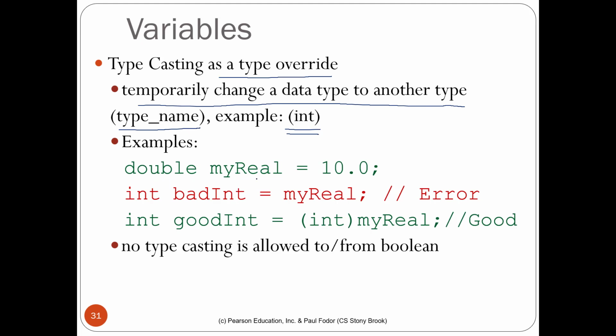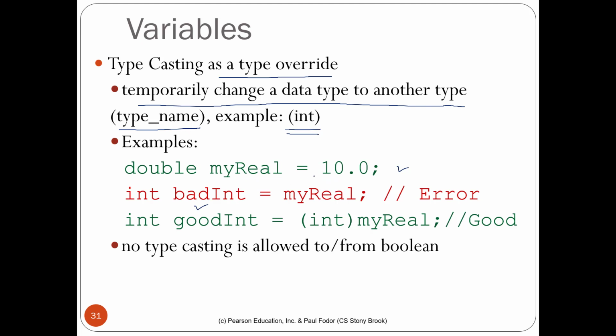Your double myreal is 10.0, which is a real value. Now you have int bad int and you try to assign that real into int. It will not happen, right? You'll say, okay, 10.0, so I don't want 0, let 10 be assigned to integer, it looks like an integer. No, it won't work that way. Why?